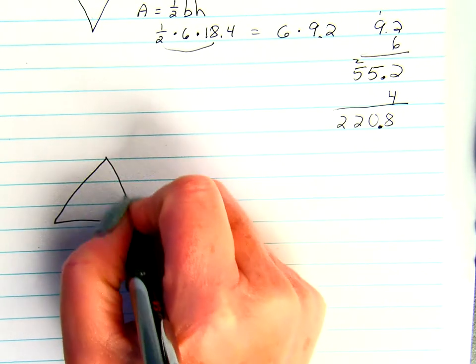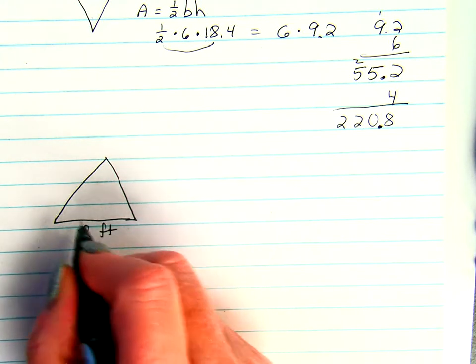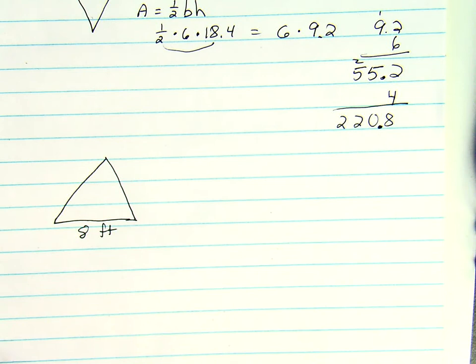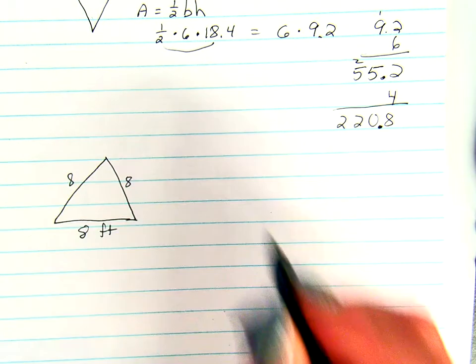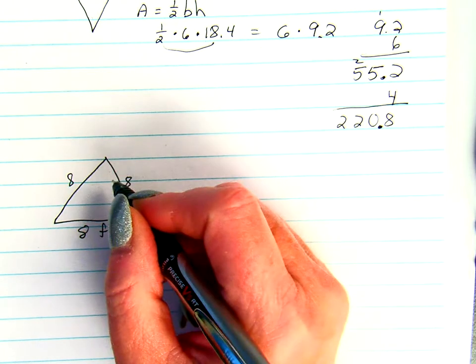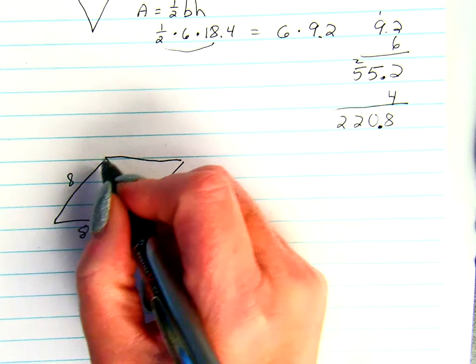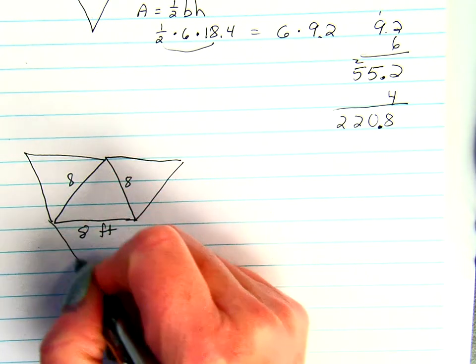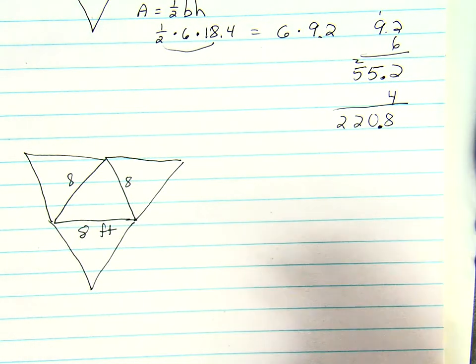Okay, so I have a pyramid base that is 8 feet across here, and it is apparently 8 feet on all sides, so I have an equilateral triangular base, which means that the base of my other 3 triangles will be the same. And then I'm going to net the other triangles. Basically, it just looks like a big old triangle cut up into pieces.